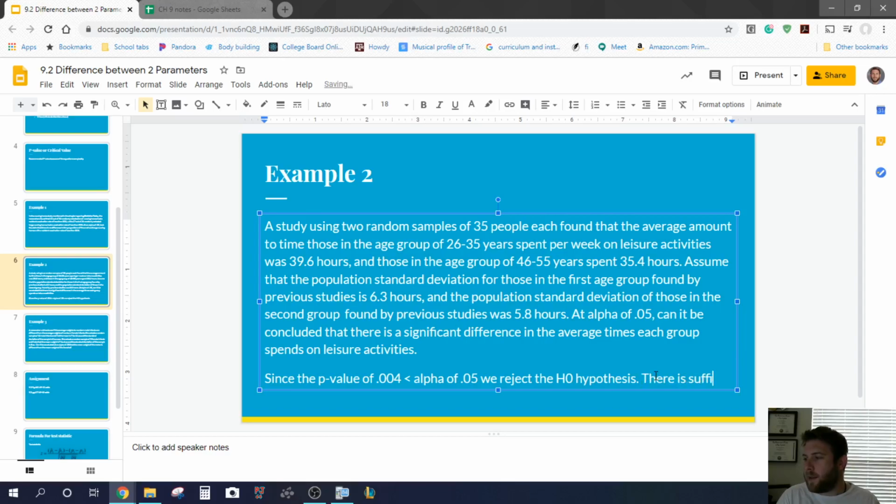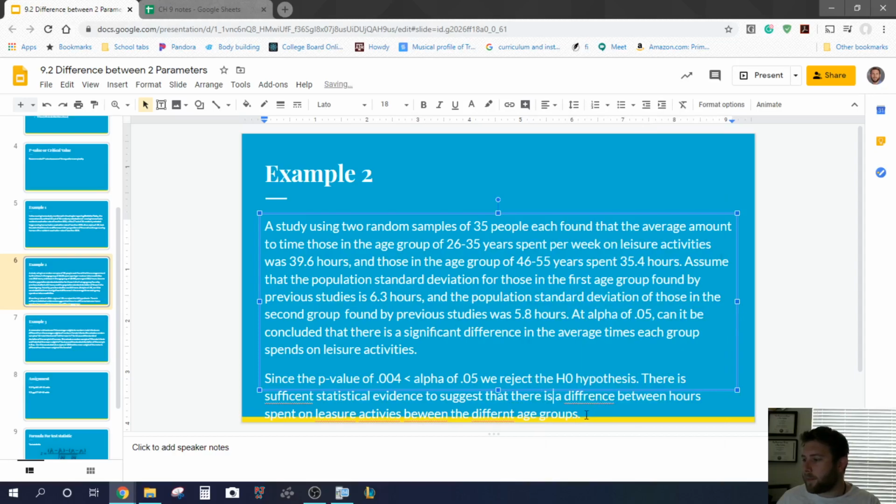There is sufficient statistical evidence to suggest that there is a difference between hours spent on leisure activities between the different age groups. And that would be that. Very simple, straightforward, and we'll go from there.